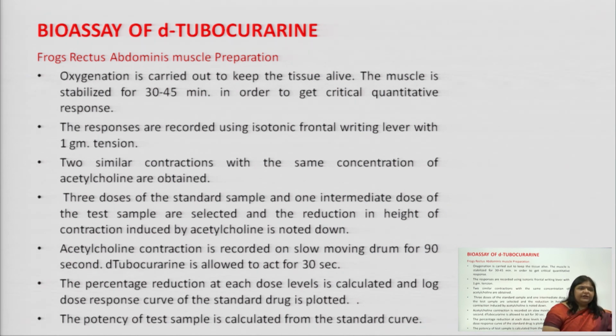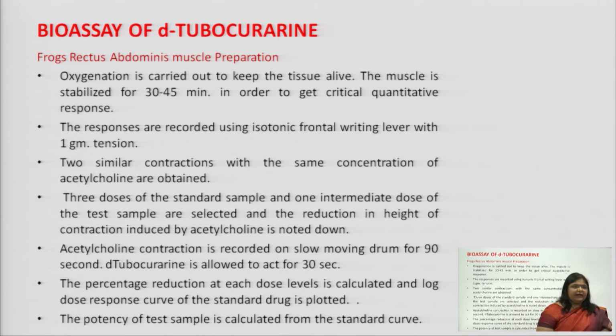The oxygenation is carried out, then the muscle is stabilized for around 30 to 45 minutes, a frontal writing lever is used, and 1 gram of load is used when we are doing the bioassay of D-Tubocurarine. Again, as we had seen in the types of graded bioassay, it is by matching, by interpolation, or by multiple point bioassay.